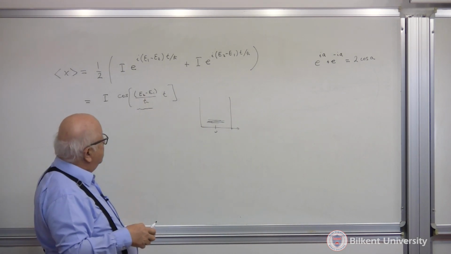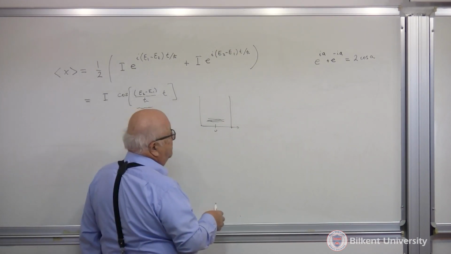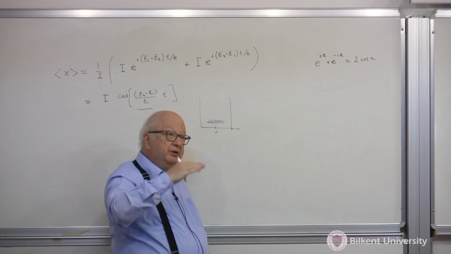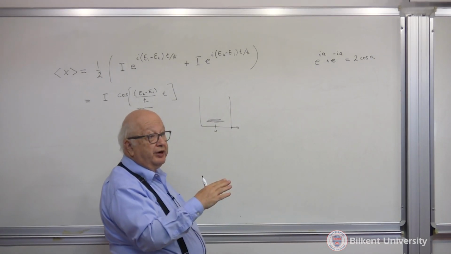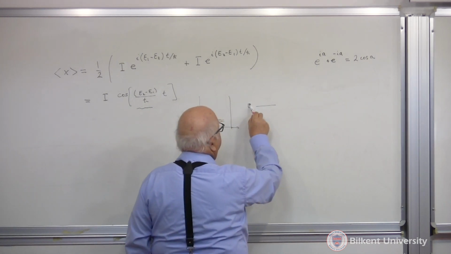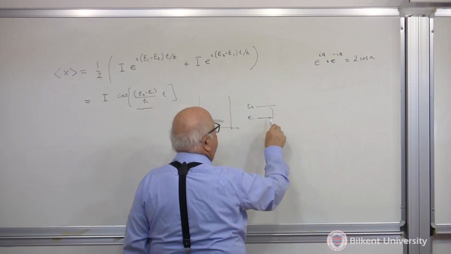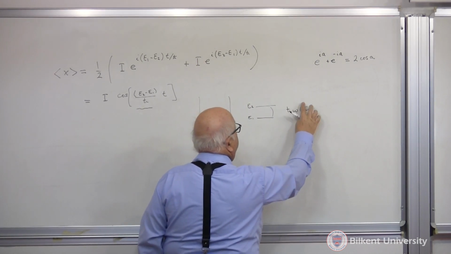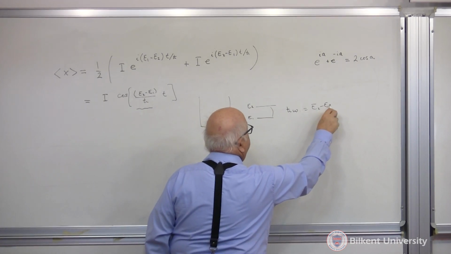If we think quantum mechanically, if there is some energy change, that means there is some possibility that the particle is going from the higher energy state to the lower energy state, in which case it goes from state E2 to state E1, and the energy difference h bar omega is equal to E2 minus E1.